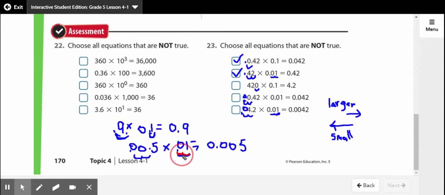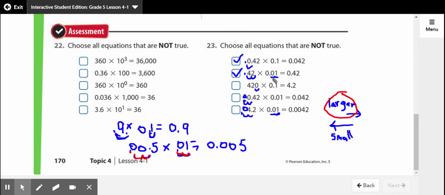It's over 2 place values, a tenth and a hundredth. So I'm going to take my decimal over here. I'm not going to move it to the right because that makes it larger. Remember? Nope. I don't want this to turn into 500. I actually wanted a hundredth of it, like a small number. So I'm going to move it to the left 2 spaces. 1, 2. And that's how I get my answer.